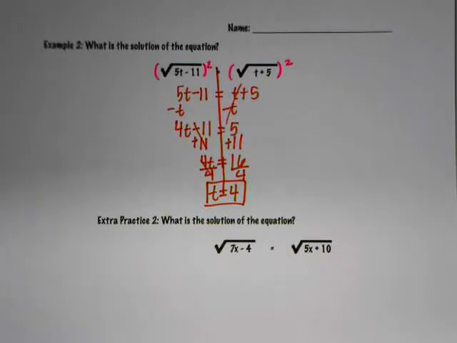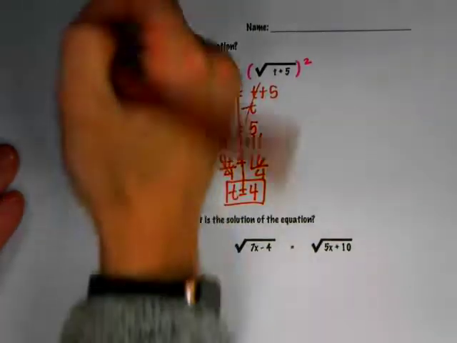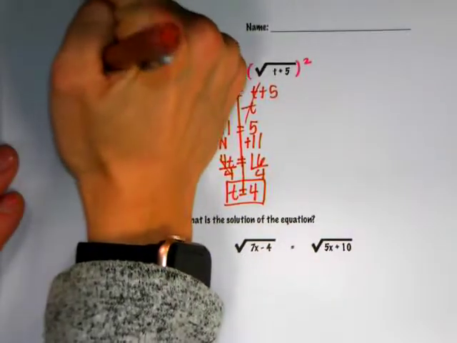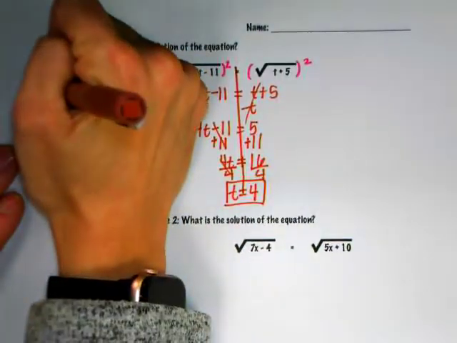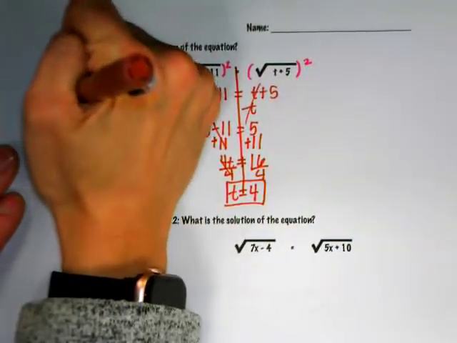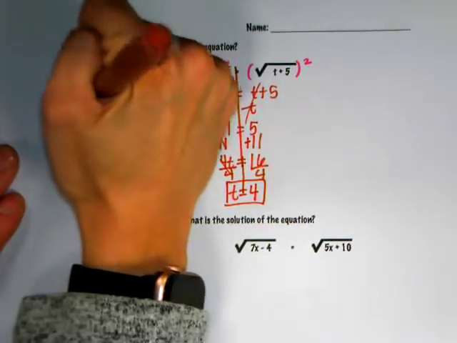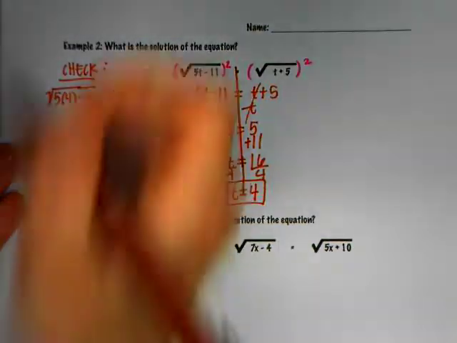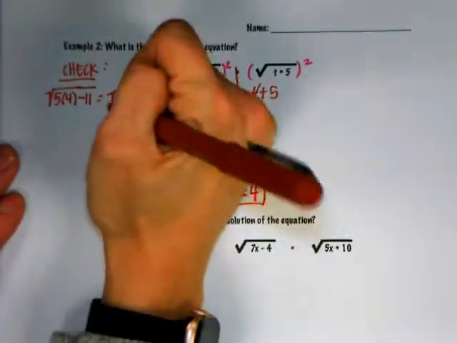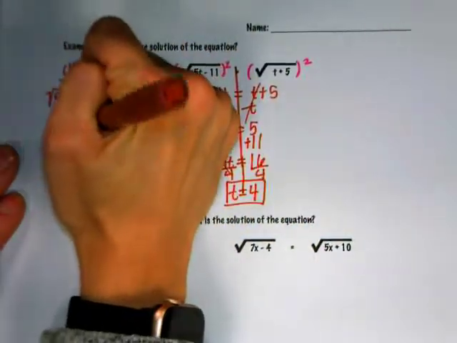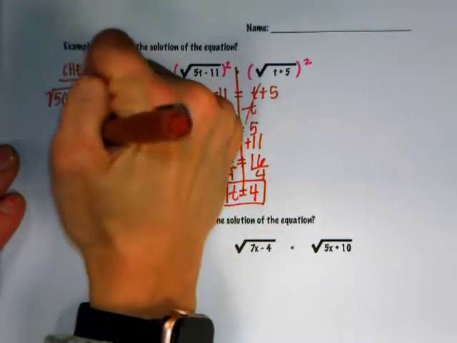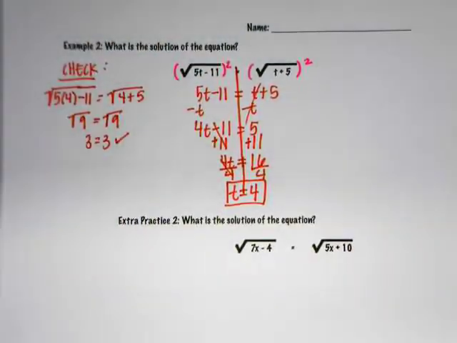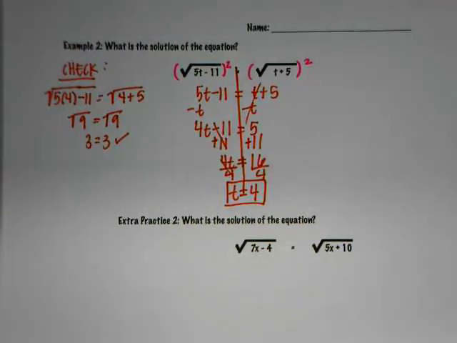And then you'll have to check that. Okay, so that's radical 9 equals radical 9, which checks. And then go ahead and move on to the next one.